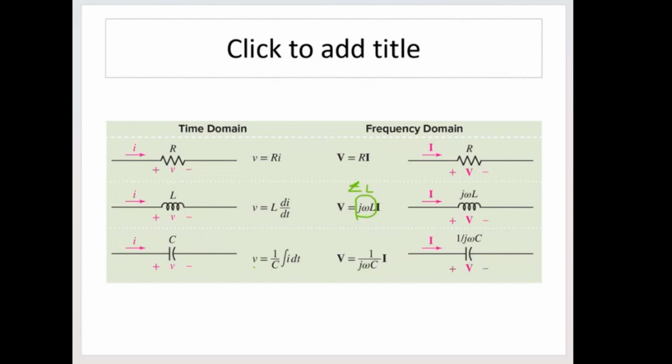And similarly, if we take a look at the capacitor, the relation between voltage and current is an integration, 1 over C integral of I dt.